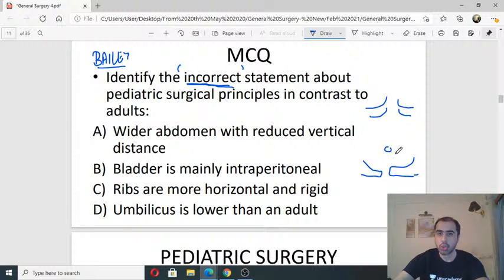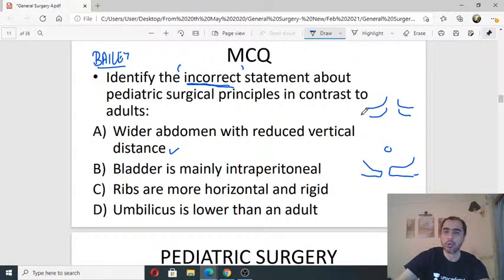Okay, so relatively, the superior inferior length is less, the width is more, so this statement is correct. What is the bearing of this statement? Why is this important? That the vertical distance is less, the abdomen is wider in a child. What is the bearing of this statement?